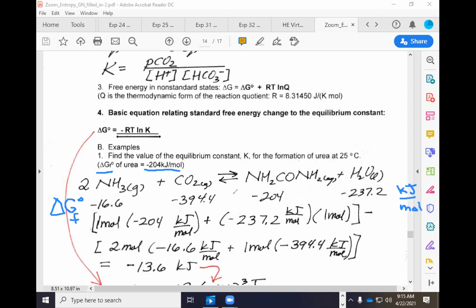This is what a question might look like, but I would not put this because I'm not going to balance it for you. That's your job. But I would label it and give you the units. And then your first step is products minus reactants.